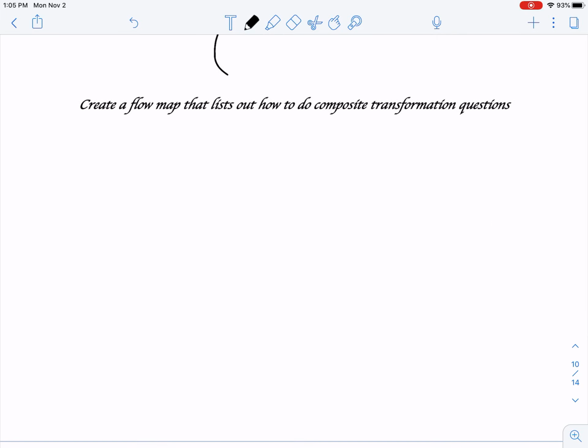Now our flow map to do composite transformations isn't really a flow map. You just need to go in order of transformation given.